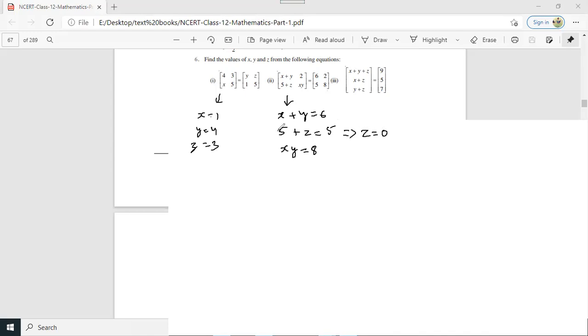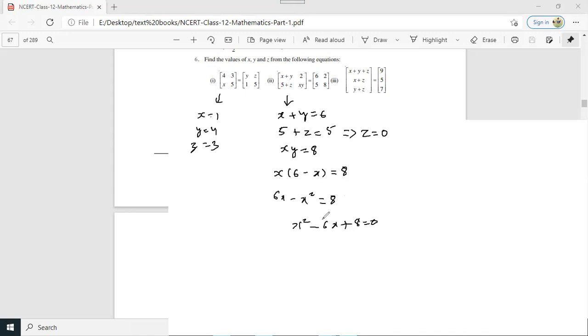Now solve the other two equations. y is equal to 6 minus x, so x into 6 minus x is equal to 8. Multiply: 6x minus x square is equal to 8. So x square minus 6x plus 8 is equal to 0, and solve to get the value of x.